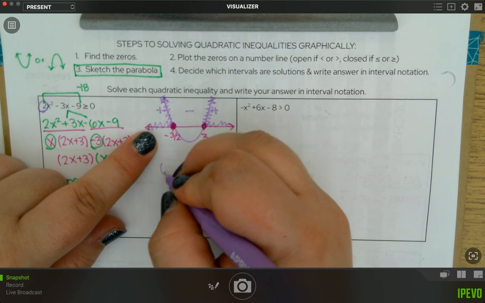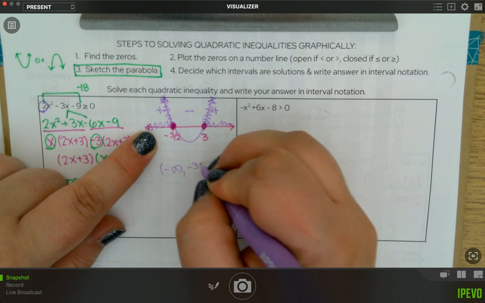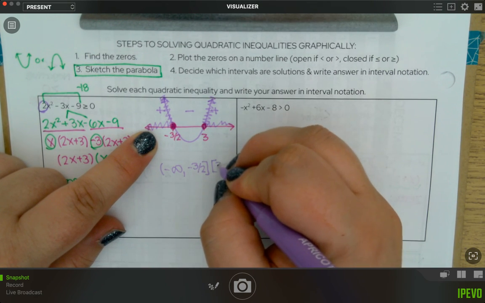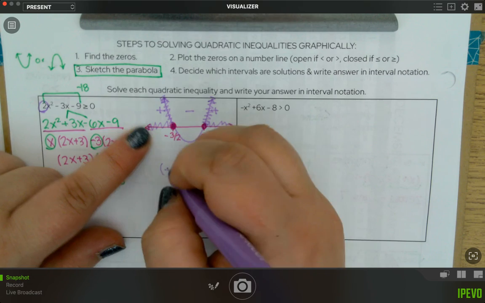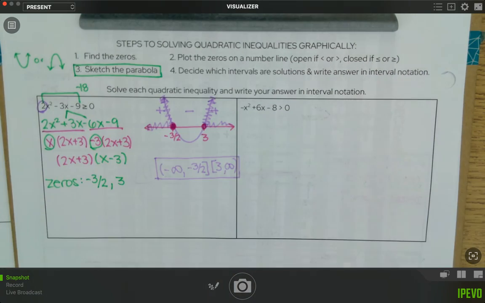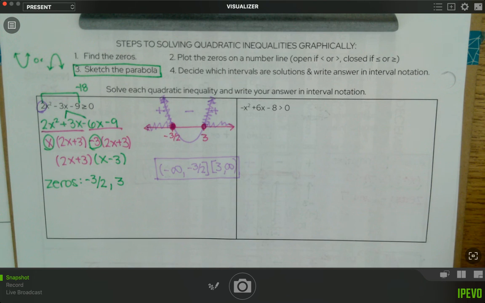From -infinity to -3/2, bracket because it's got a closed circle, and 3 to infinity. Again, bracket because it's got a closed circle. So it's just an easier way of seeing where it's going to be positive or negative other than testing the values. And a lot of you know how to graph them really well, so this is probably easier for you.